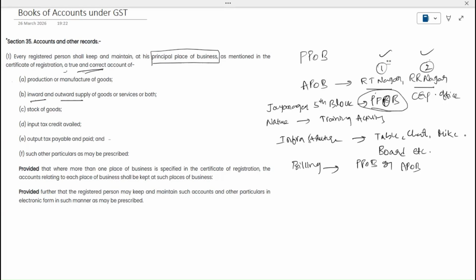Since only the training service gets rendered, I don't maintain any books of accounts at these two locations. So this being a service industry, this is how we need to understand the nature of business and where I have to maintain my books of accounts. This is my starting point.